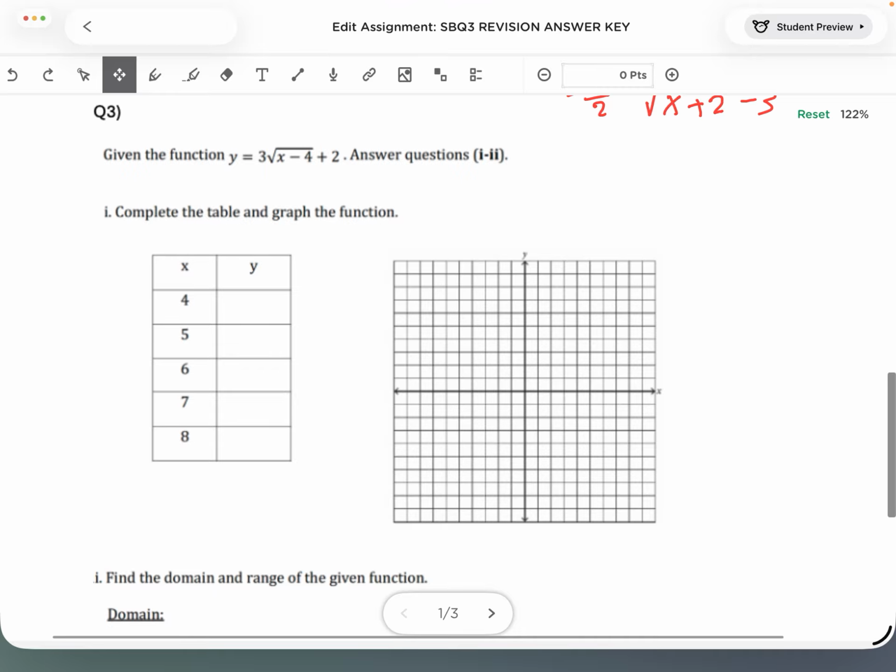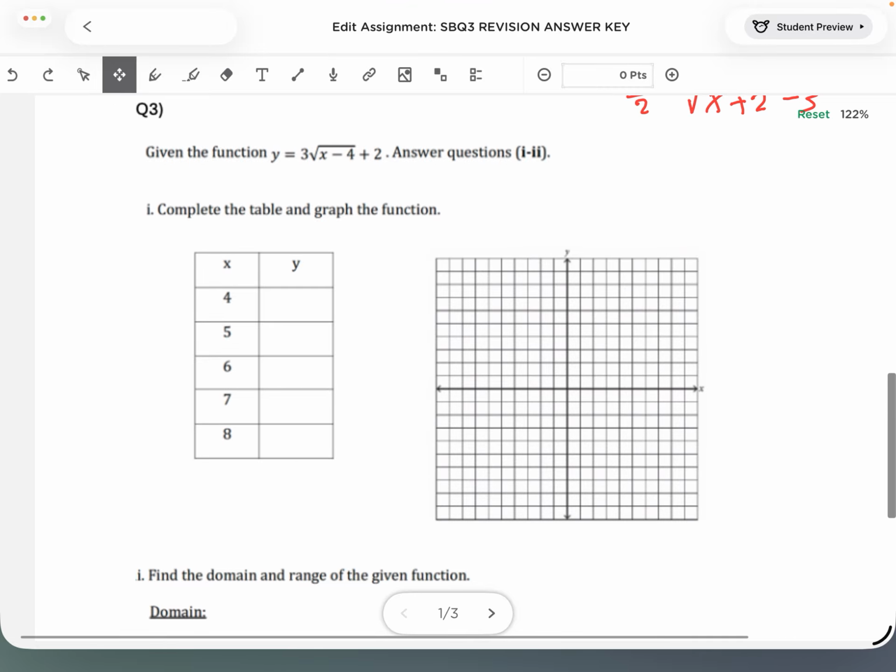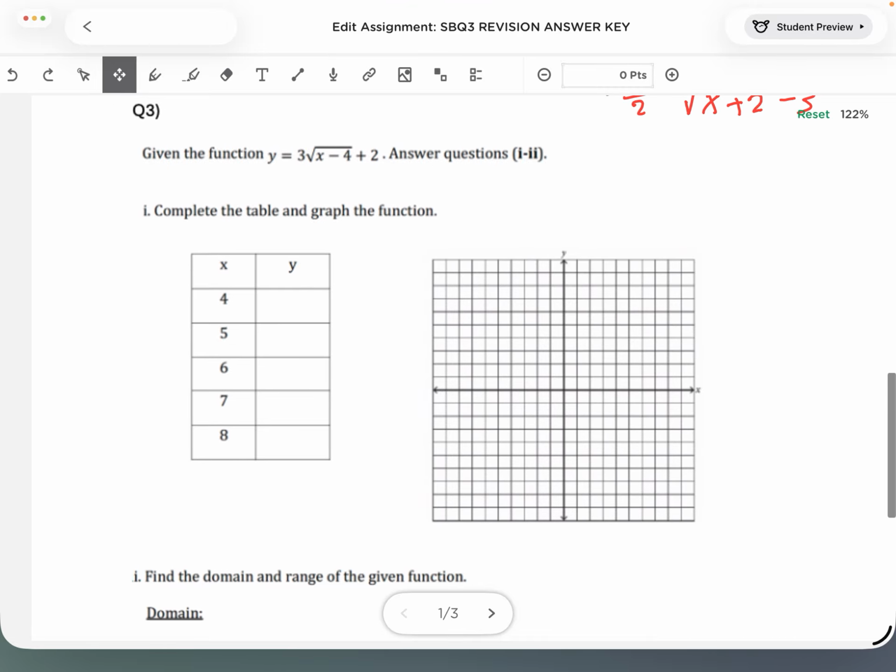Question number 2, which is easy. The question is asking me to graph the function. And they give us the table of values, so I have to replace. 3 times the square root of 4 minus 4 plus 2. The answer is 2. Then 3 times the square root of 5 minus 4 plus 2. With a calculator, it will be 5.